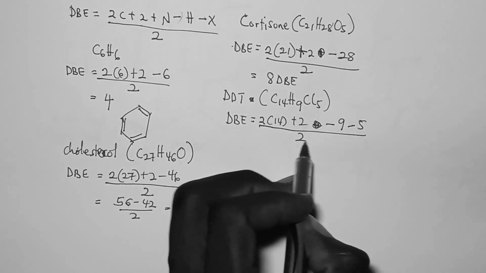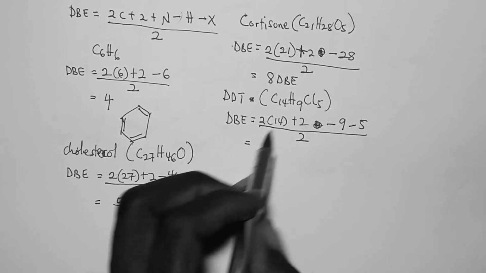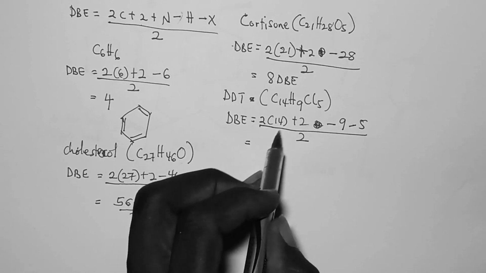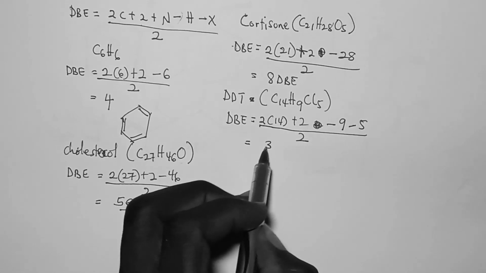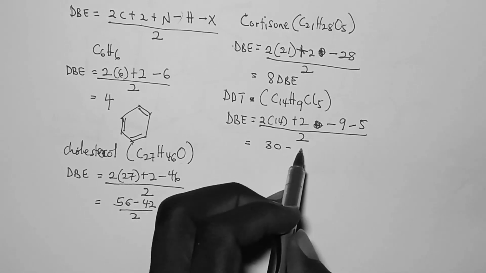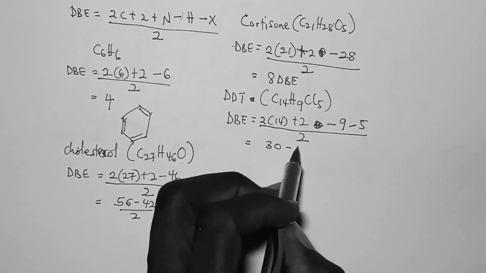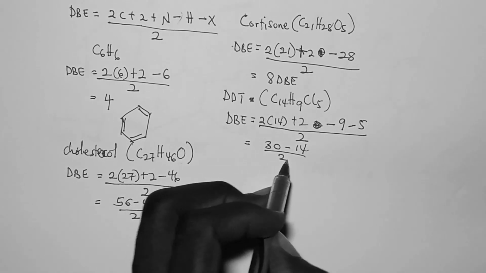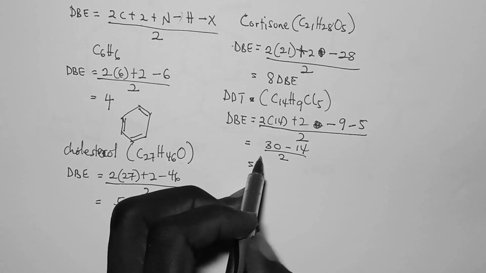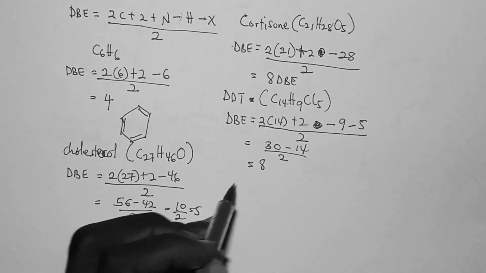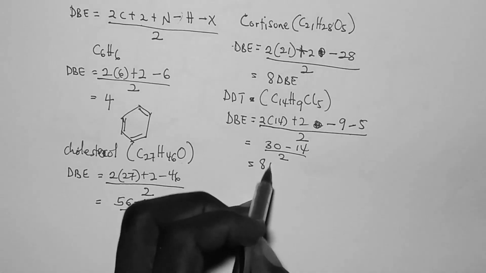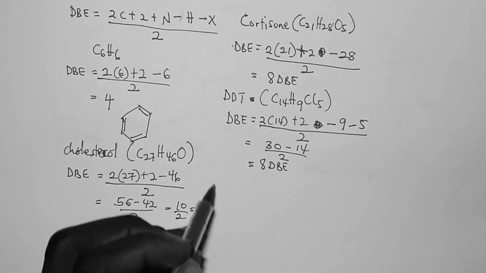All of that divided by 2. So 2 times 14 is 28. 28 plus 2 is 30. So 30 minus 9 minus 5 is 16 divided by 2. And this is equal to 8. So DDT also has a double bond equivalence of 8.